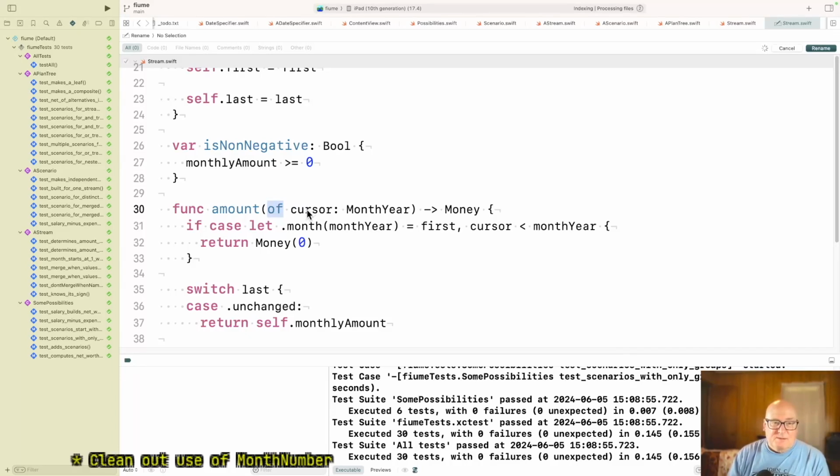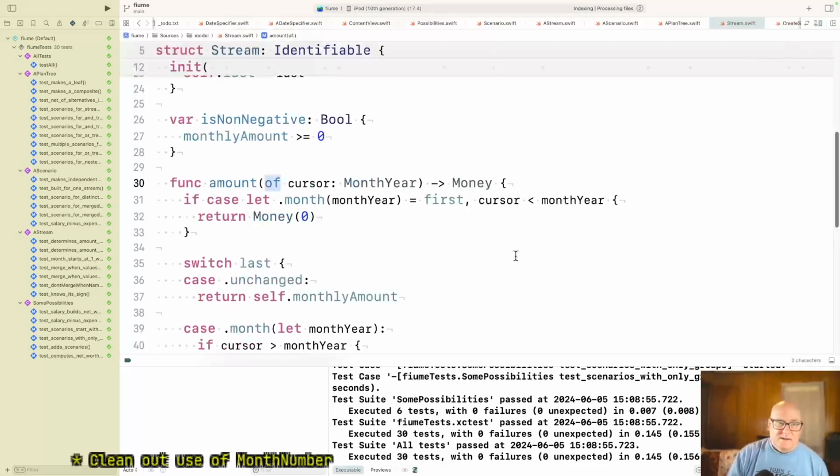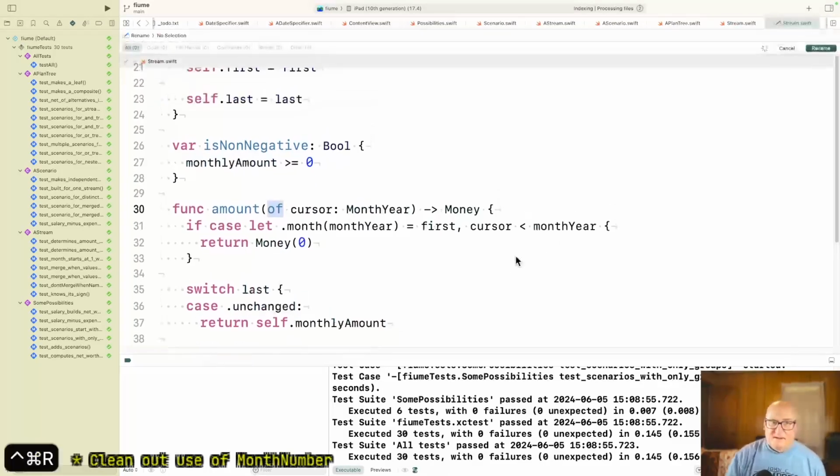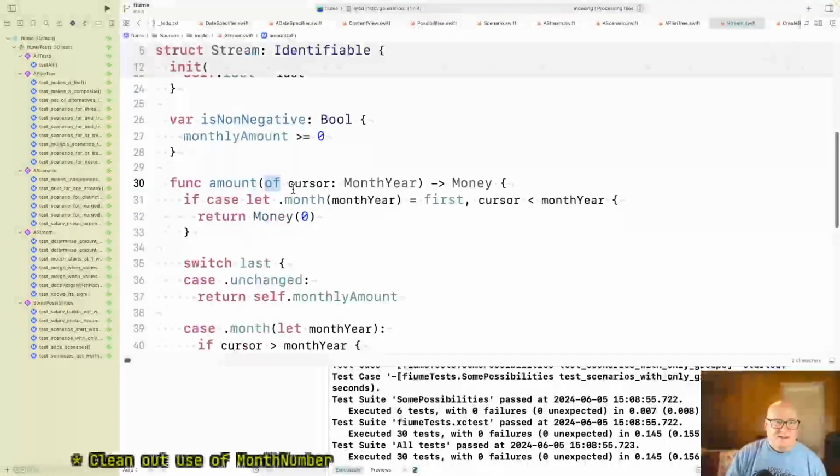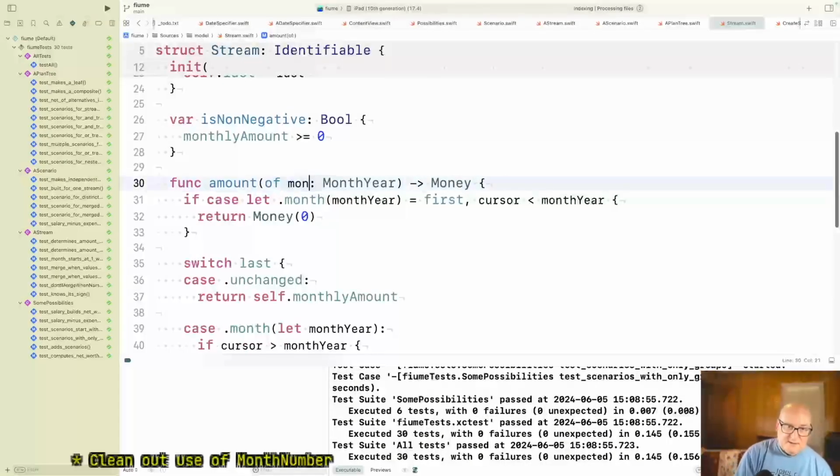Yeah, rename cursor to month. I feel like it usually kicks in after a time or two, but maybe not. All right, let's rename this to month.